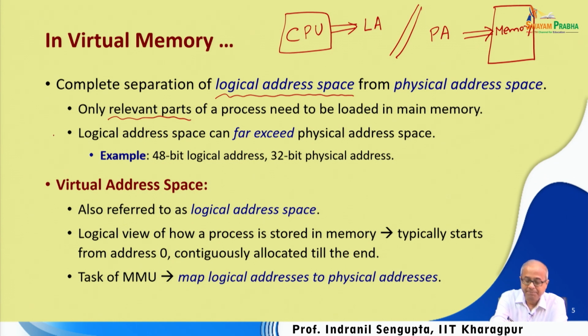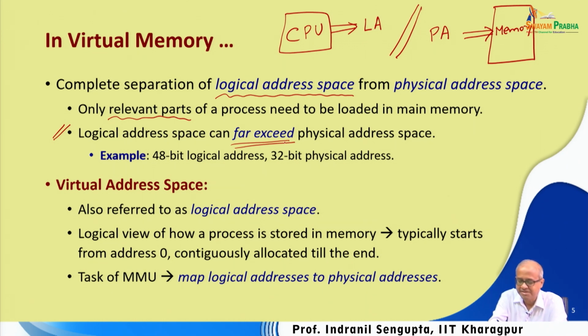Now, let me say clearly, this is not true in general; there can be exceptions, and it can be the other way around also. Typically, the logical address space is greater than the physical address space. What do you mean by that? Let us say in some typical computer system, you will find that the CPU generates an address which is either a 48-bit address or a 64-bit address.